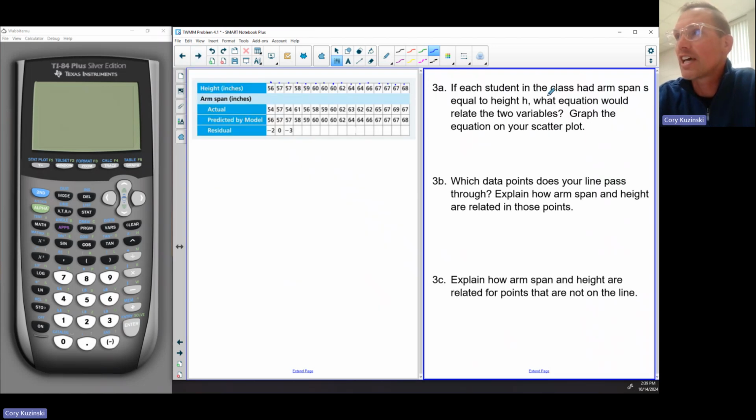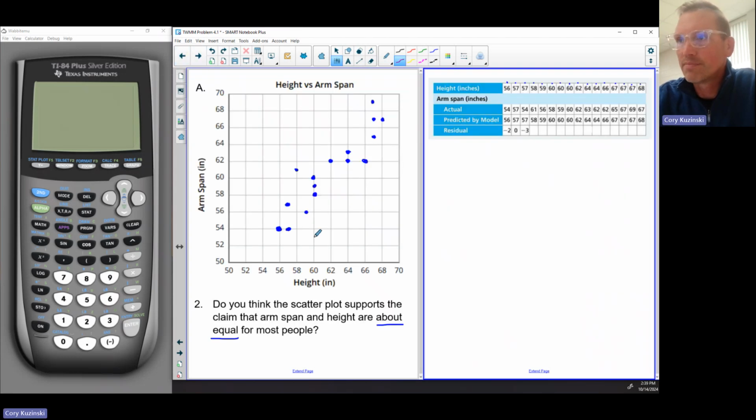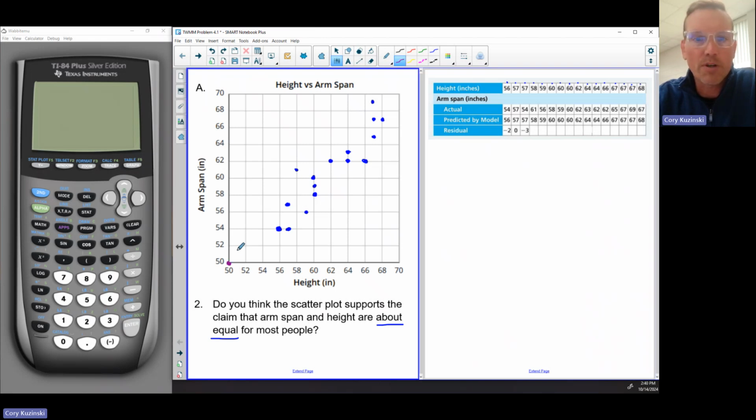If each student in the class had arm span S equal to height H, what equation would relate these two variables? That would be height equals arm span. Oops, we're using S. So height equals S. Graph this equation on your scatter plot. Well, let's do that. A 50-inch tall person has a 50-inch arm span, this 52-inch person, and so on.